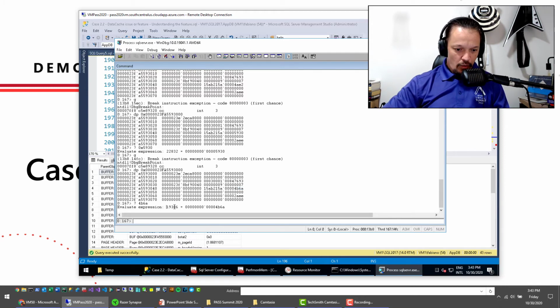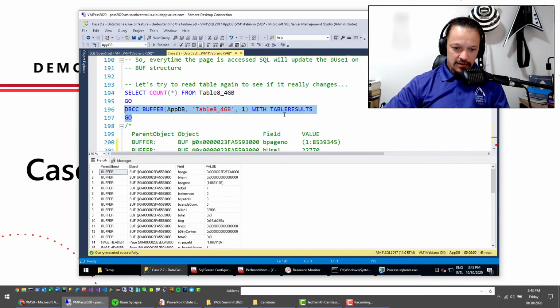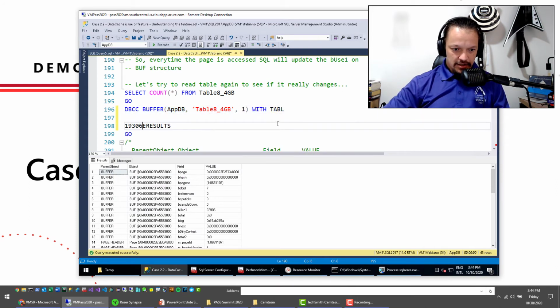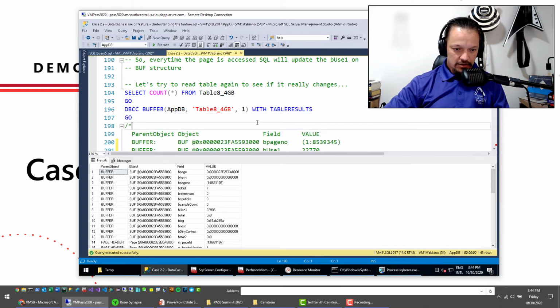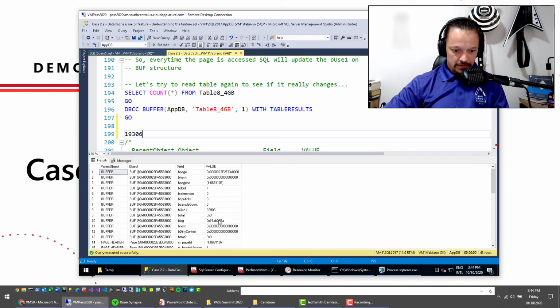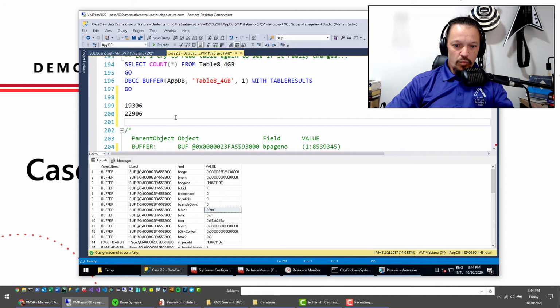This is 19306. Sorry, I want to paste it here. This is different than what the DBCC buffer is showing us. Yes, it's different because it was updated again after the results were printed by the DBCC buffer command.